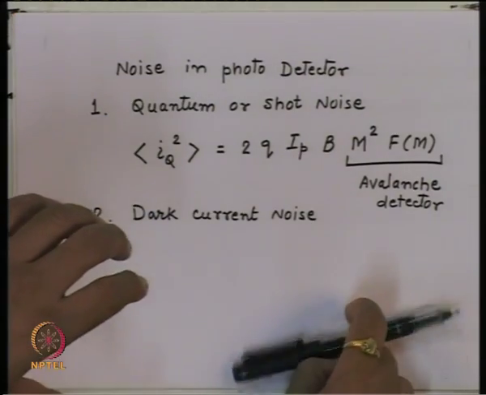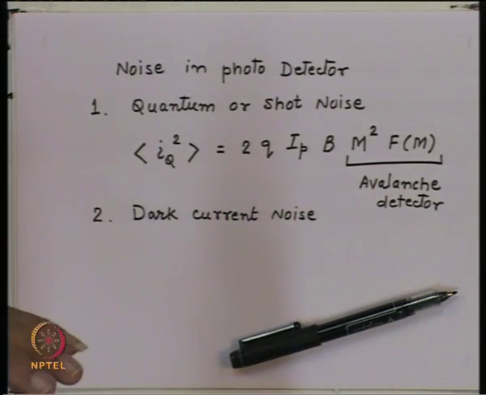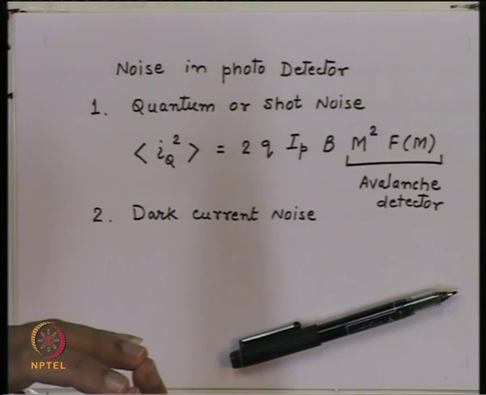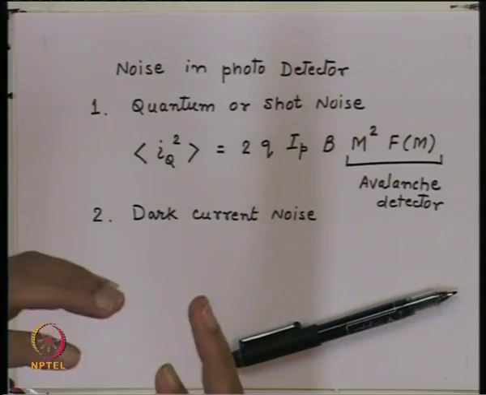Again, the dark current has two components. One is this current may get generated deep inside the PN junction, or this can get generated only like a surface phenomenon on the PN junction.